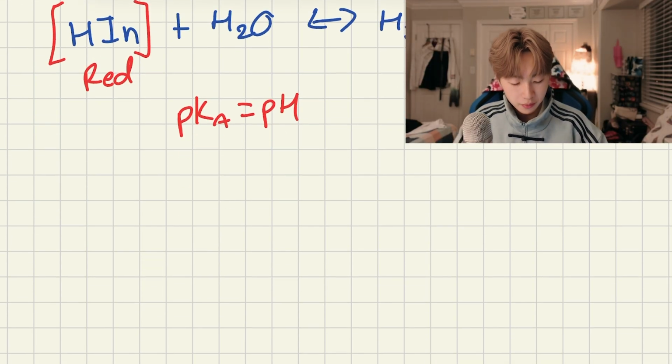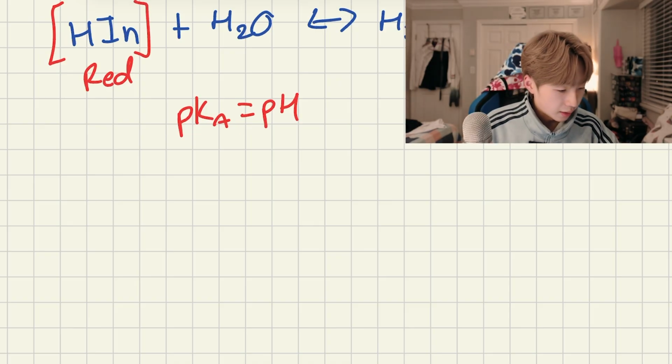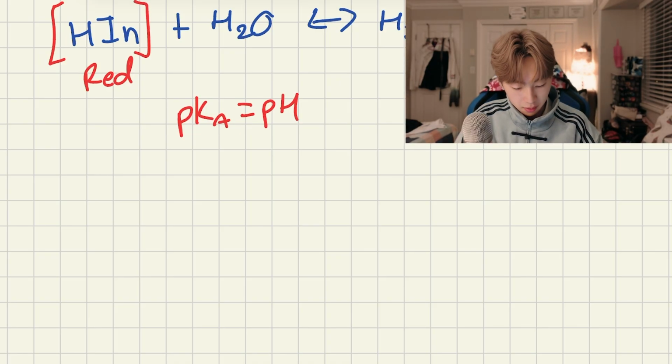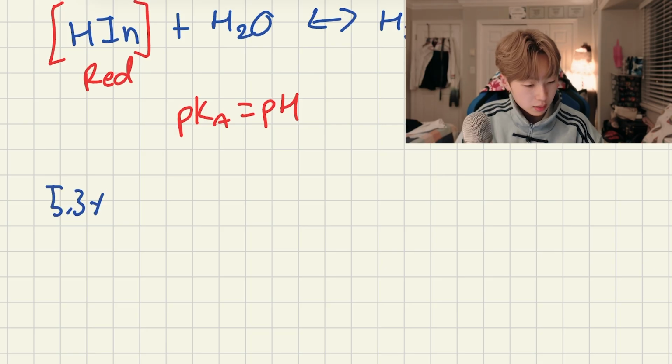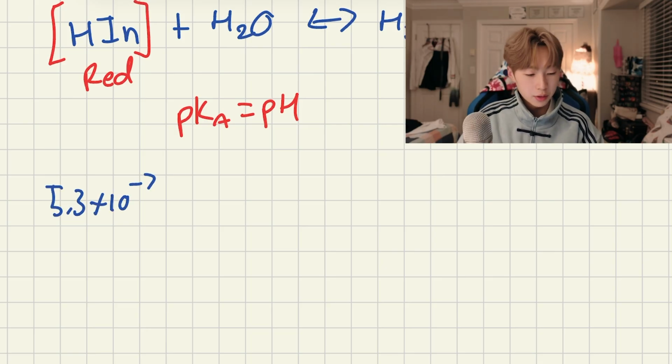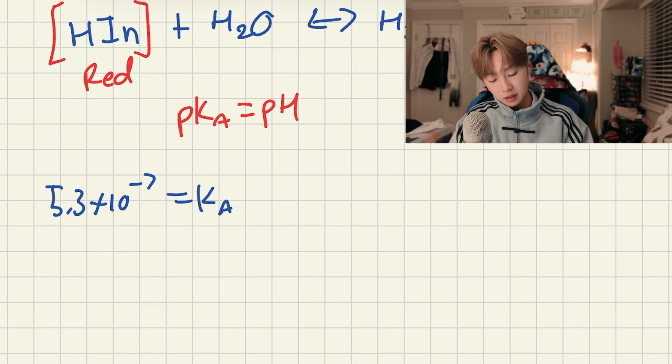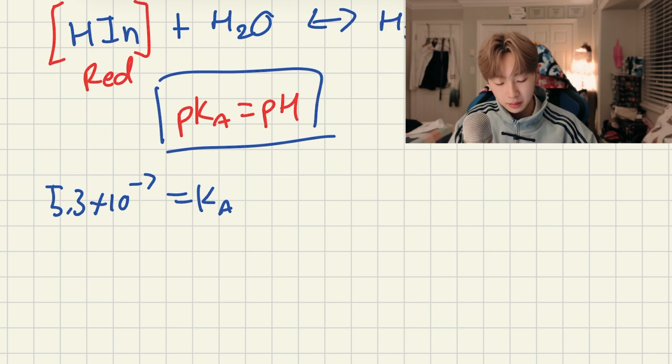For example, if we're told that the Ka value of an unknown indicator is 5.3 times 10 to the negative 7 at the transition point, and we're trying to find the pH, right? So what can we do? We know that this is our Ka at the transition point, and we know that at the transition point, our pKa is equal to pH.